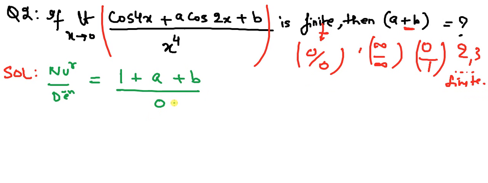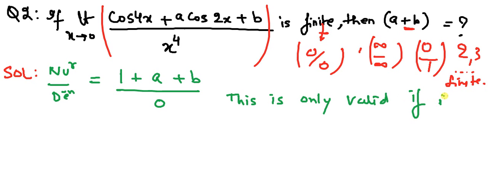So before becoming finite, it should be 0 upon 0 format. Then only you can differentiate it further. That means the numerator has to become 0. This is only valid if it is 0 upon 0 format.